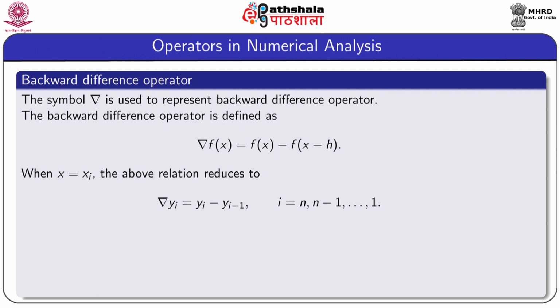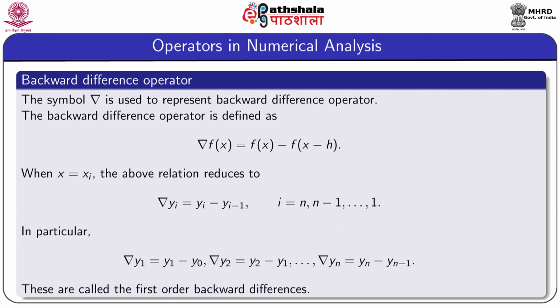This is called the first order backward difference operator, and this is true for i equal to n minus 1 up to 1. Similarly, we can define or deduce the other first order differences, say nabla y 1 equal to y 1 minus y 0, nabla y 2 equal to y 2 minus y 1, and lastly nabla y n equal to y n minus y n minus 1. So, these are the first order backward differences.